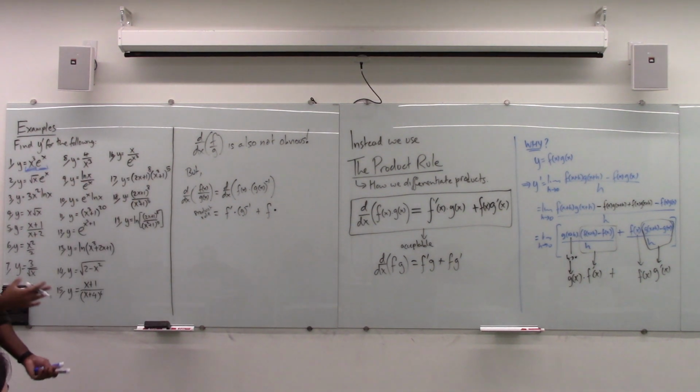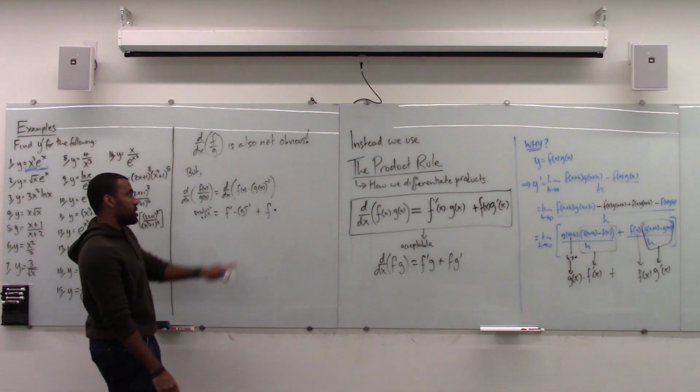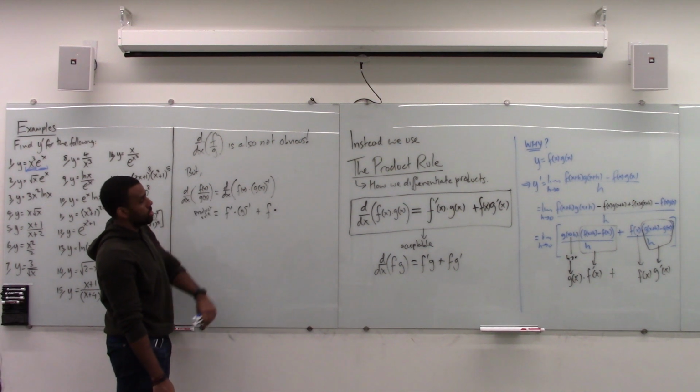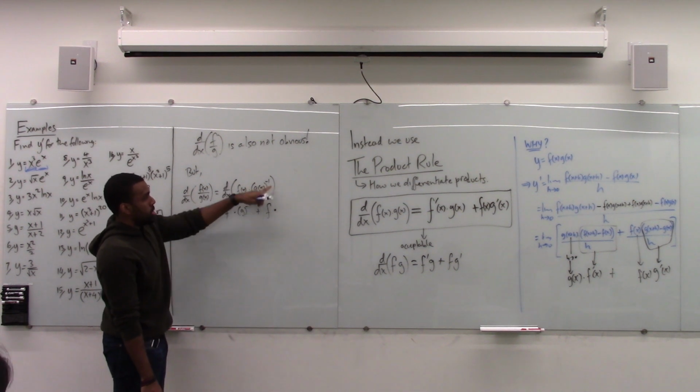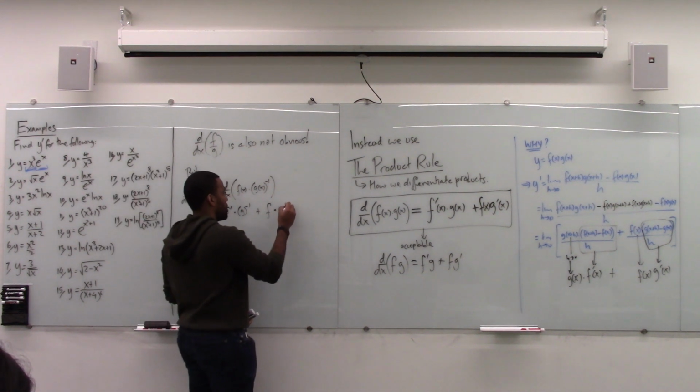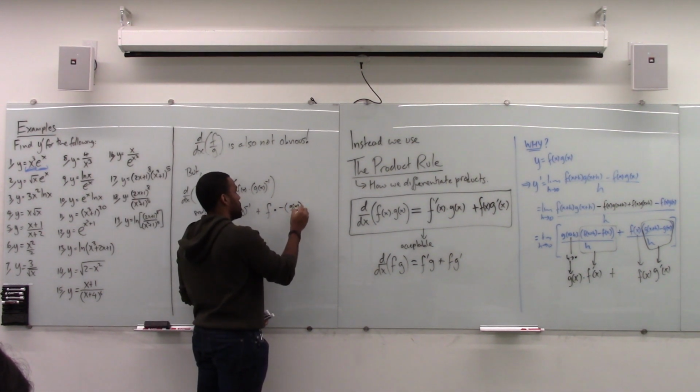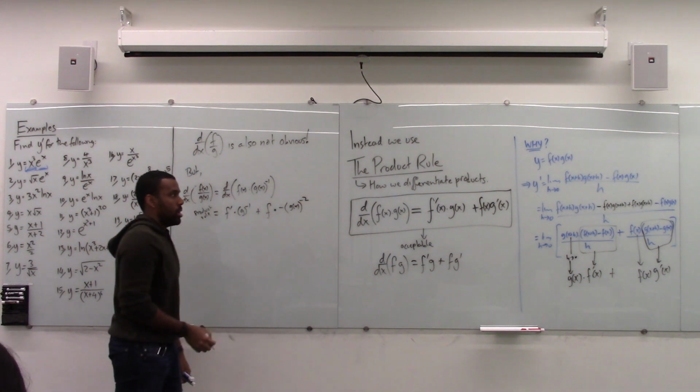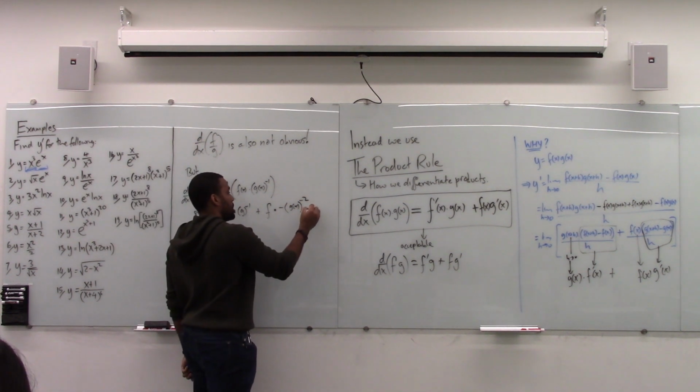Now, how would I differentiate the g to the minus 1? Well, you would notice the g is an inside function. So I would need the chain rule here. I'm going to differentiate the outer function, meaning I bring the power down, subtract 1 from the power, and then multiply by the derivative of the inside function.